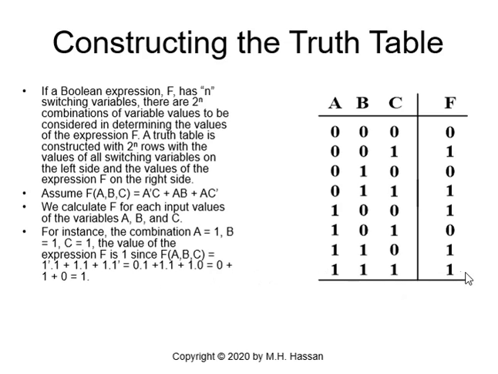So the value of the function f will be 1. We repeat this for every row, and we can fill up the table for f. You can repeat this for every row by applying the equation, and you find the output.